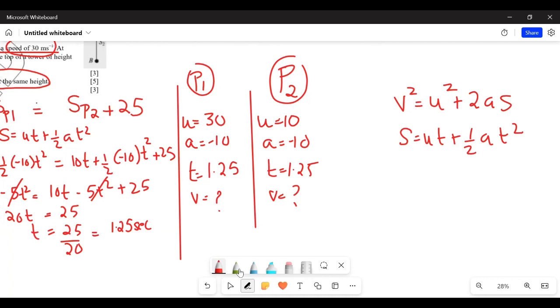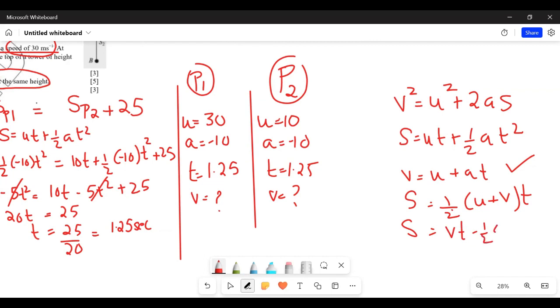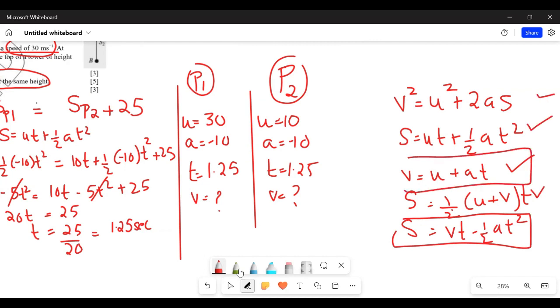V equals U plus at. Yes, this one will be used. But let's write down the remaining equations as well. There's another one for S, which is S equals half of u plus v times t. And lastly, it's S equals vt minus half at square. This one is not in the formula sheet. Remaining, all of them are. And we're using this one, V equals u plus at, in this question.